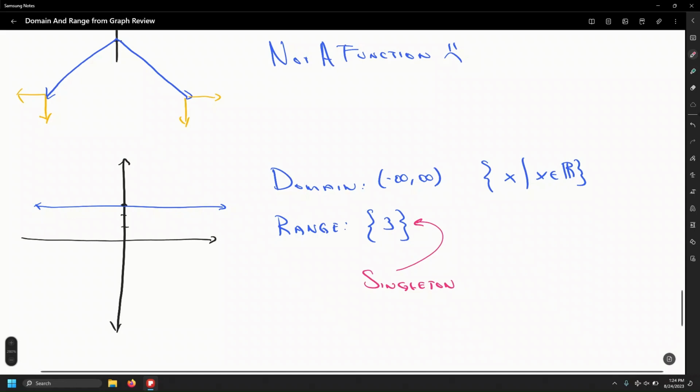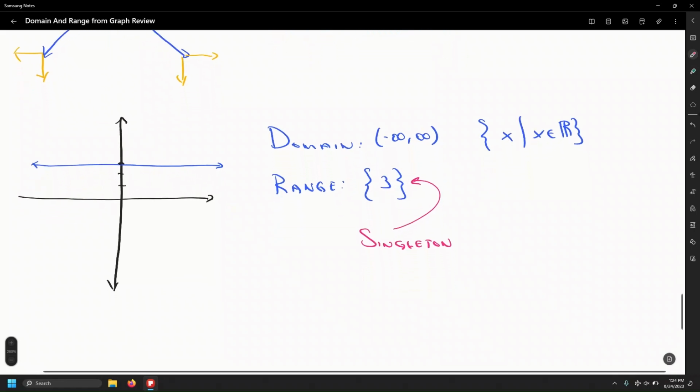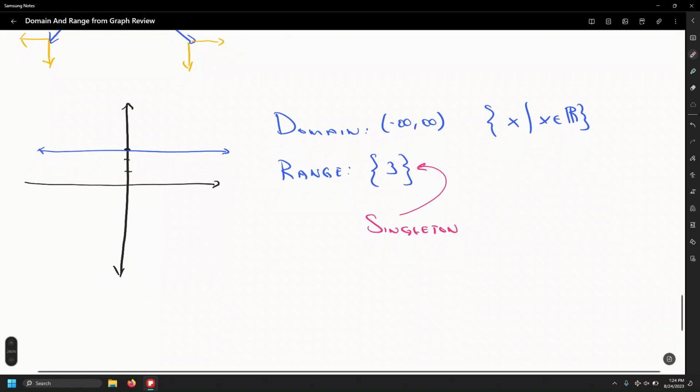That's why we call it a singleton in this case. Have you ever heard of singletons before? Maybe not, right? It's a new terminology that we're going to use here. All right. Let's see. Is there anything else? I think we're fine for this handout.